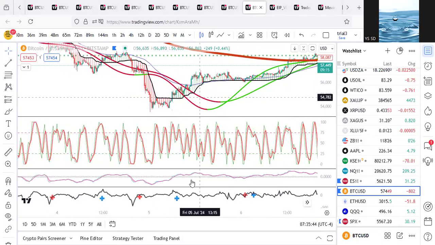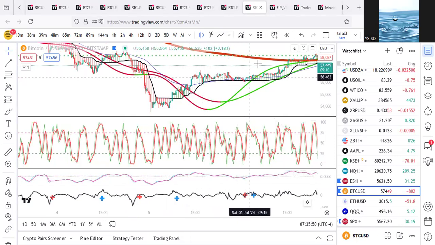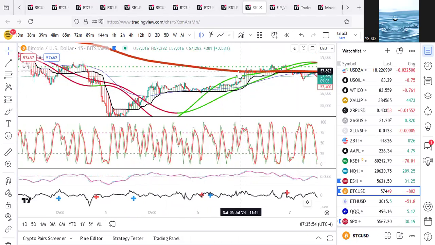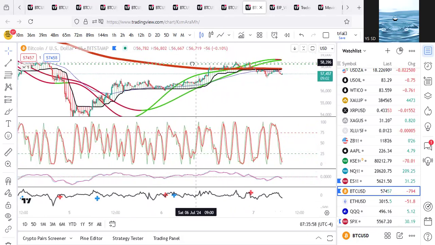The Holy Grail was bullish and the price was above the moving average, so you could have taken a buy. You could have taken a buy over here, and over here, till this dark red, which is a bias for the downside.